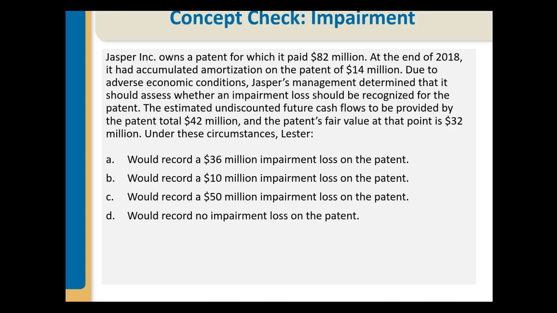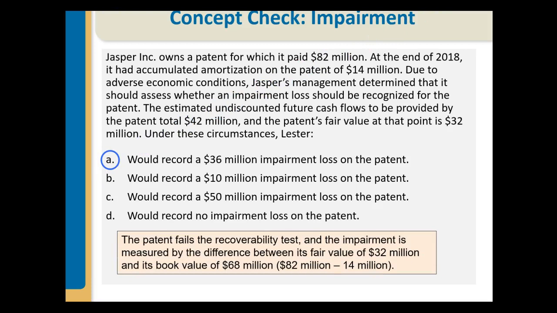Under these circumstances, Jasper would record a $36 million impairment loss on the asset. So the way we figure that is the $82 million which we paid for it minus the amortization of $14 million gives us the $68 million.